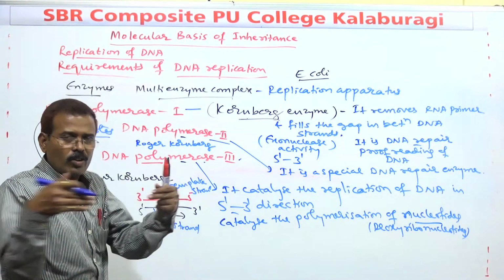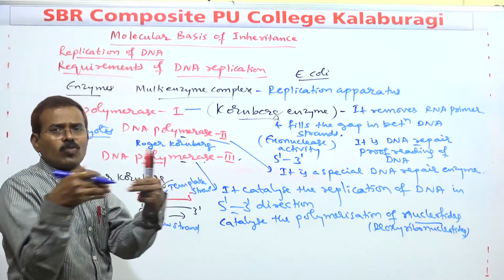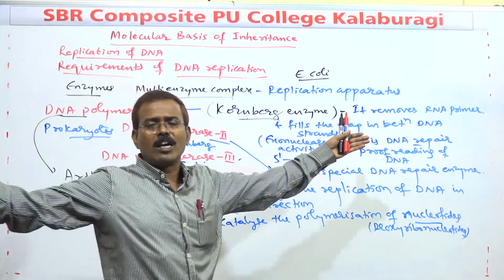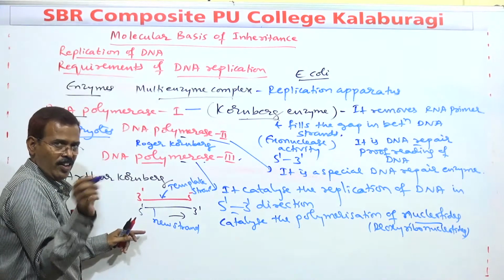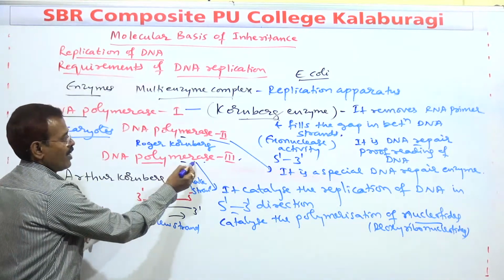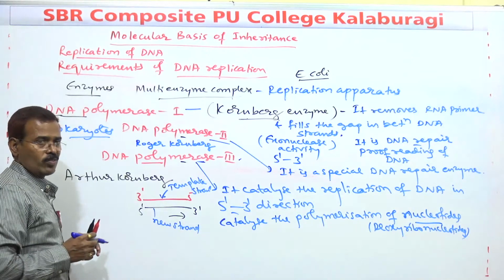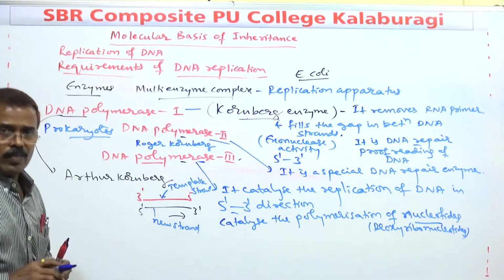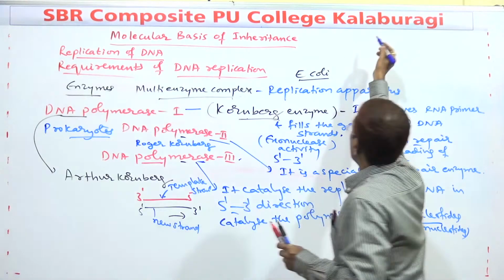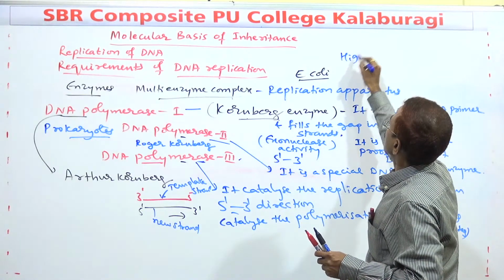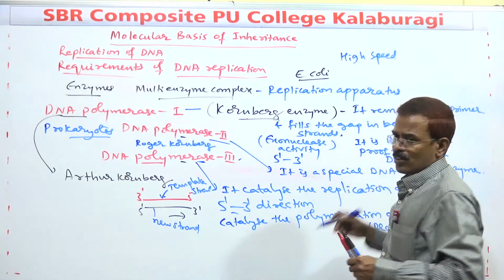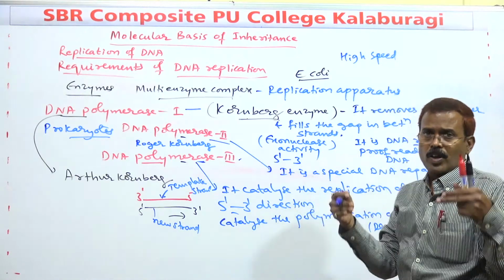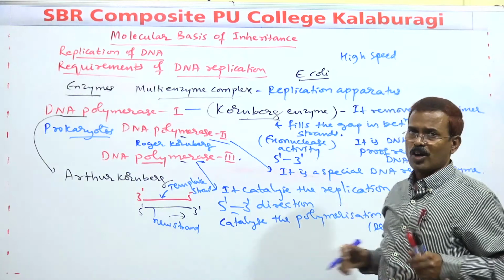Several nucleotides are joined by phosphodiester bonds to form a polynucleotide chain. So the new strand is synthesized by the addition of individual nucleotides by the catalytic activity of DNA polymerase 3. These enzymes have a high speed of joining the nucleotides to synthesize the polynucleotide chain.